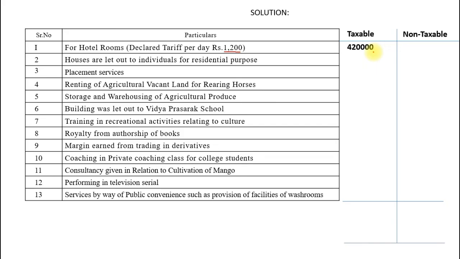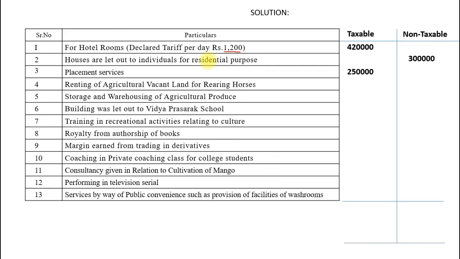Next, houses let out to an individual for residential purpose. As I told you, residential and nothing related to commercial, the entire amount will be non-taxable. Next, placement service. Placement service is an activity performed to earn money. It is a commercial activity, so whatever value is given in the question, the entire amount will be taxable.